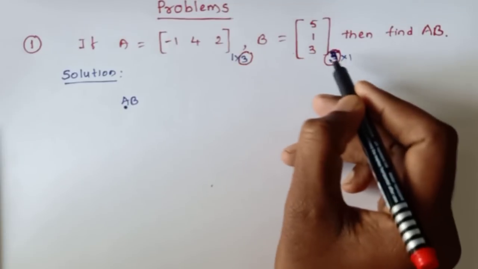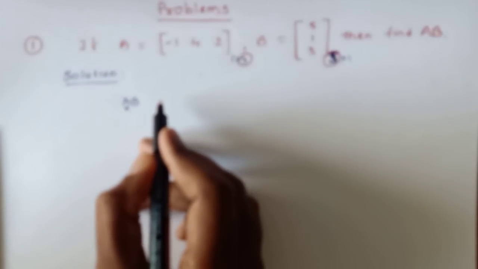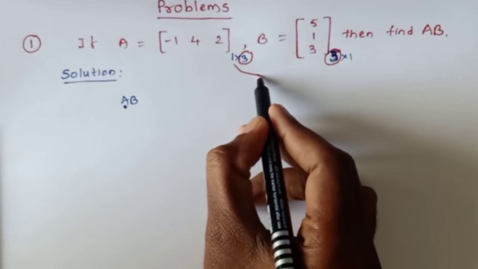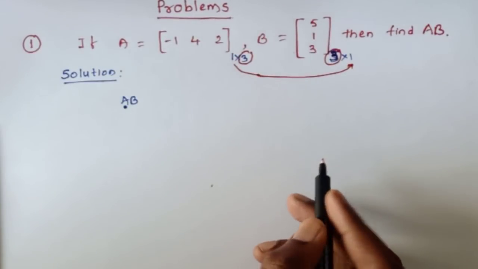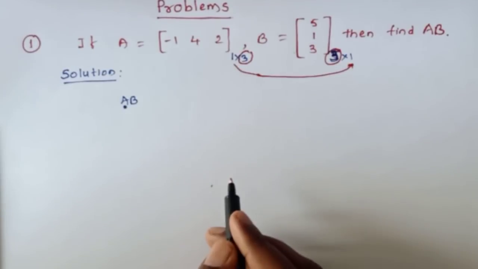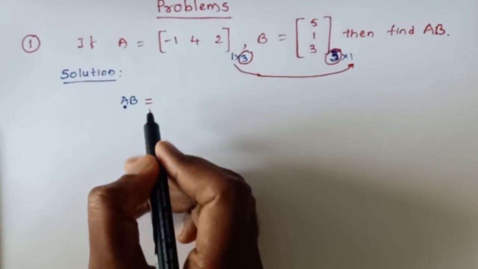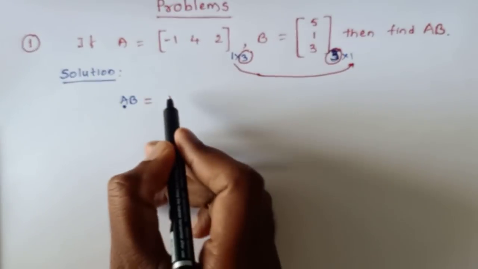So the matrix multiplication exists, and the product AB is of order 1 by 1, which means the resultant matrix contains only one element, 1 row and 1 column.